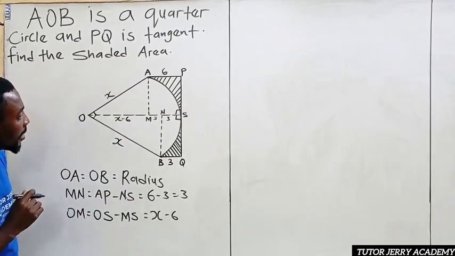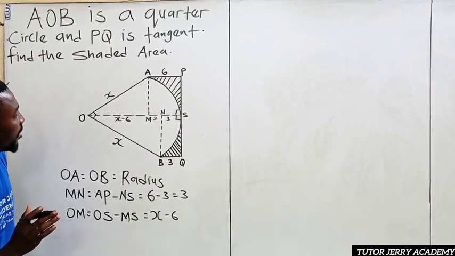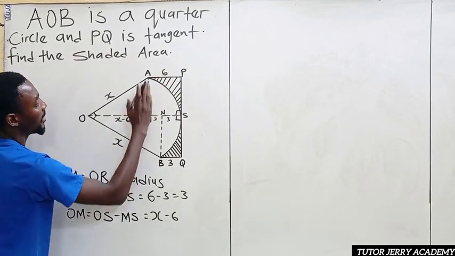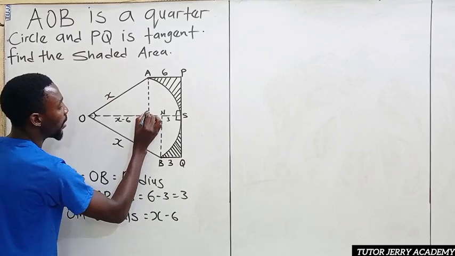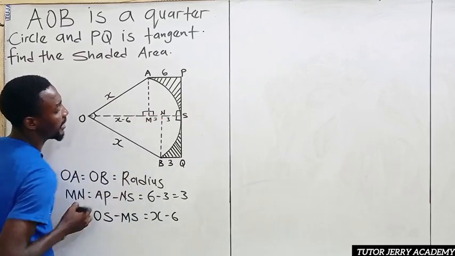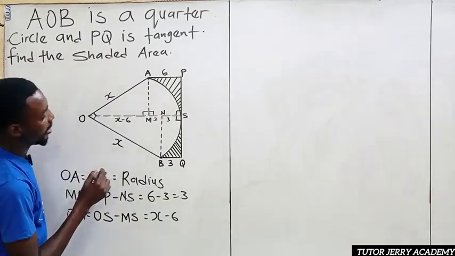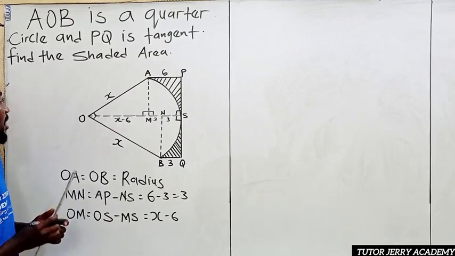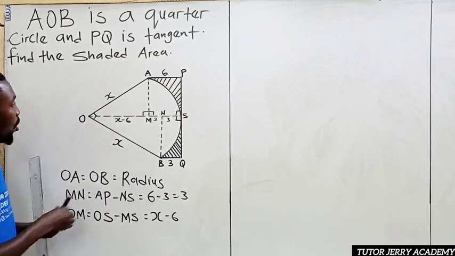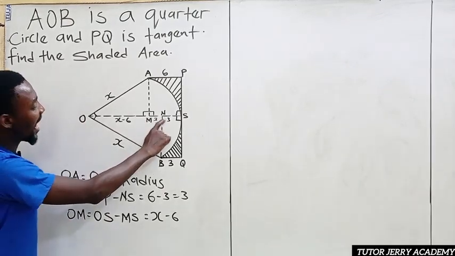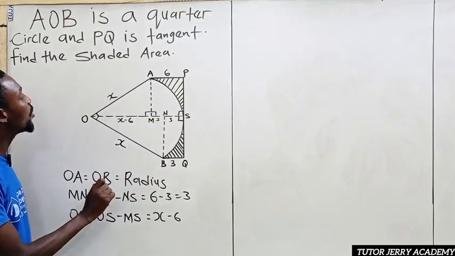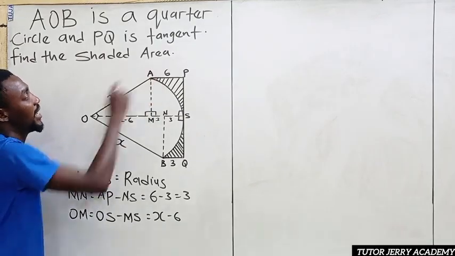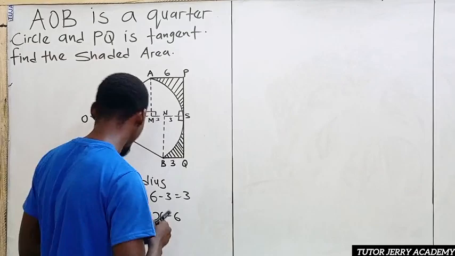Now, which other thing do we need to take note of here? Don't forget that if I draw a line here, this line is perpendicular. So it means we are going to have a right angle here, and a right angle here. The next thing we are going to do is bring out triangle ONB, and then we're also going to bring out triangle ONA.